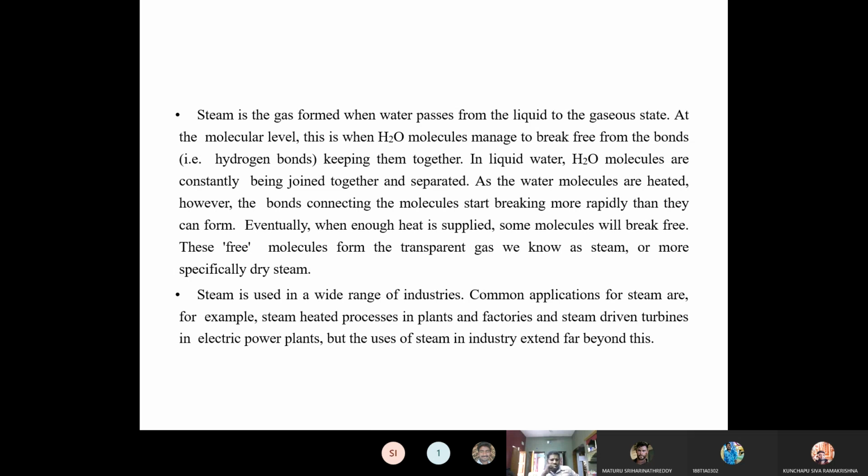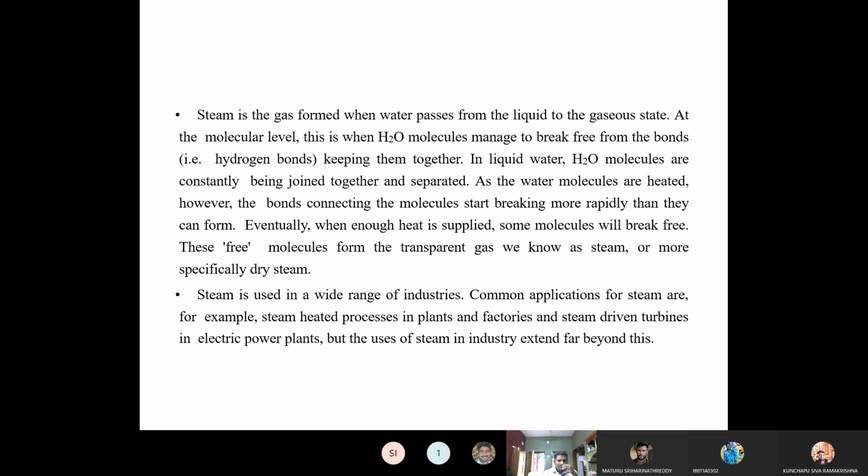As the water molecules are heated, however, the bonds connecting the molecules start breaking more rapidly than they can form. Eventually, when enough heat is supplied, some molecules will break free. These free molecules form the transparent gas we know as steam, or more specifically, dry steam.